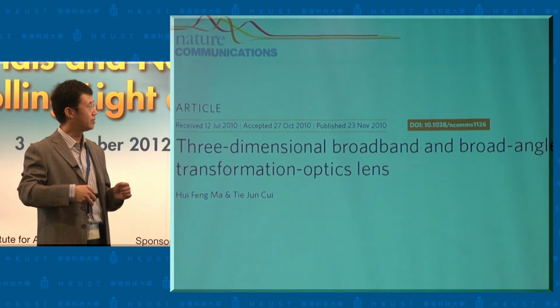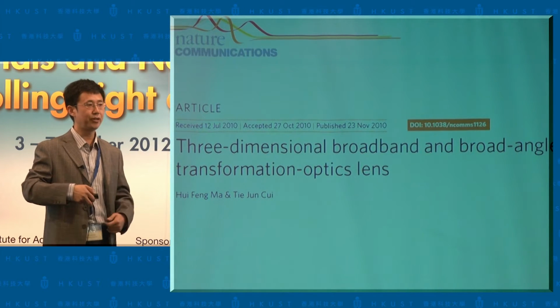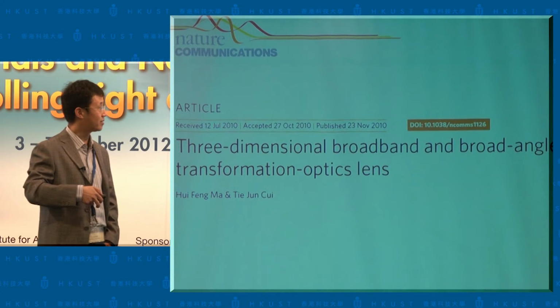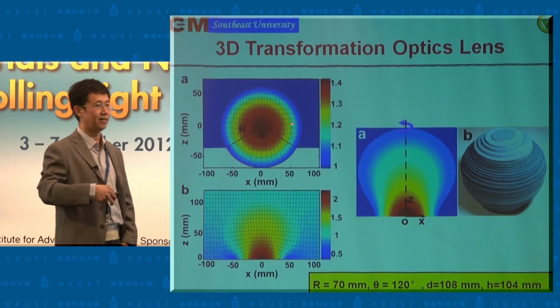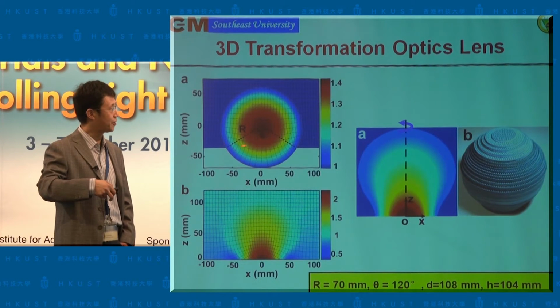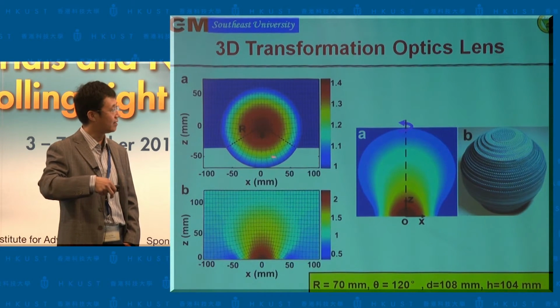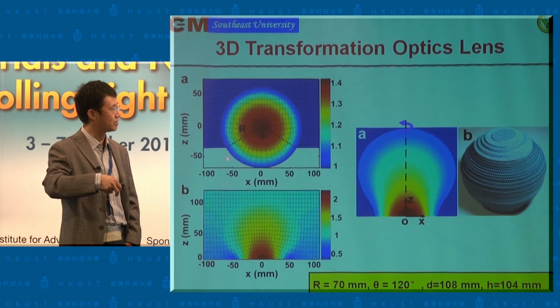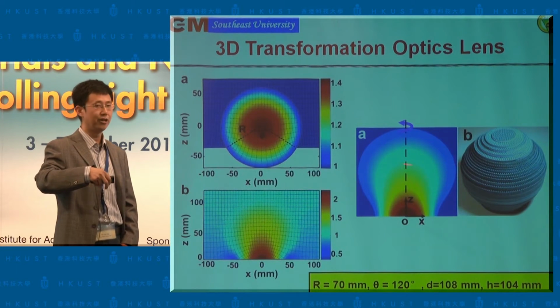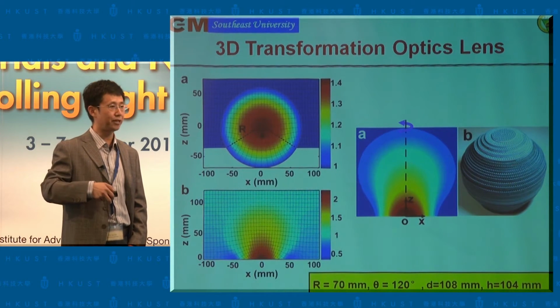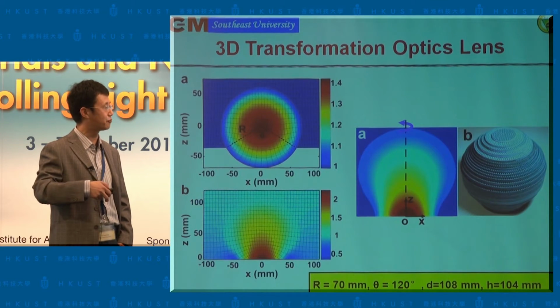In my group, we realized a three-dimensional transformation optics lens. This is the original Luneburg lens. We make an optical transformation to transform this spherical surface to a planar surface, and we still use dielectric with holes to realize the 3D distribution.